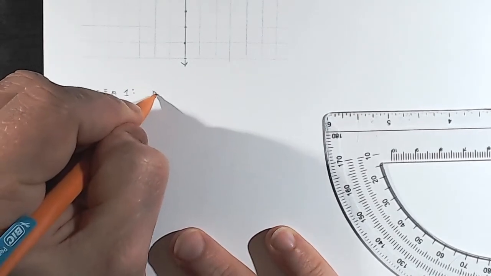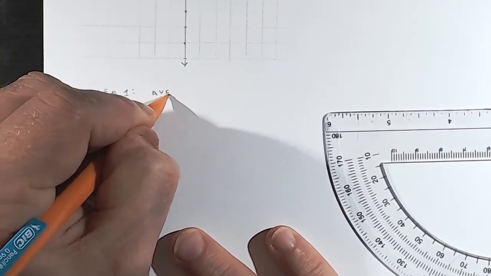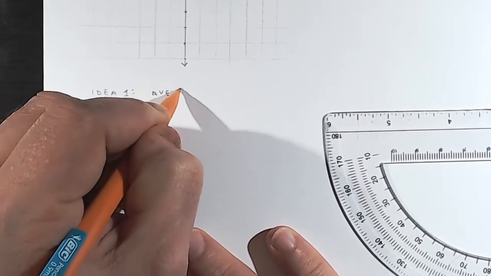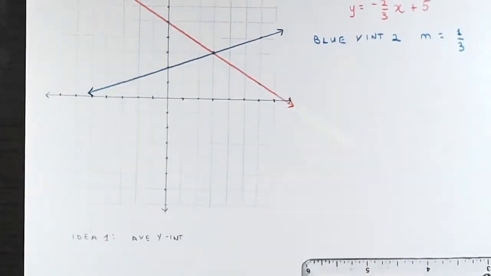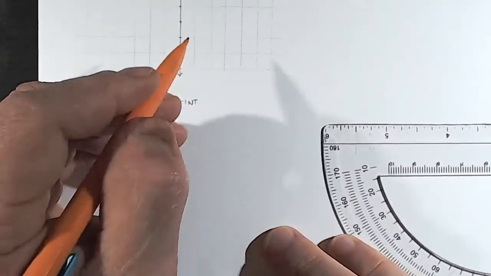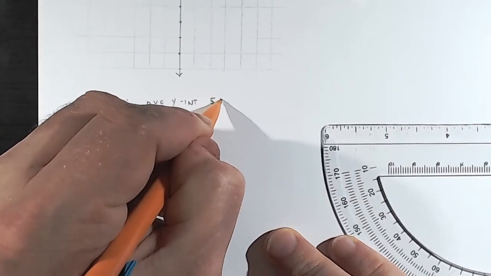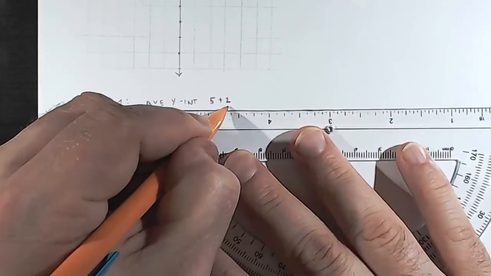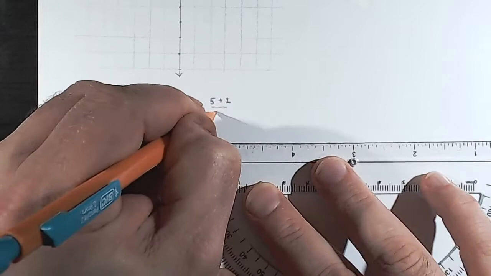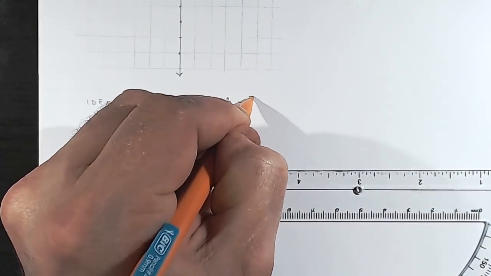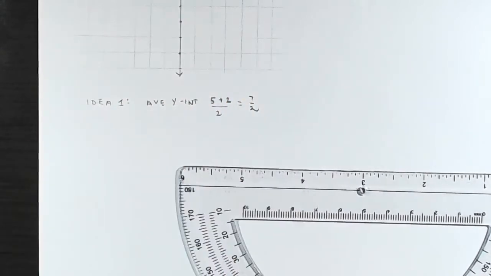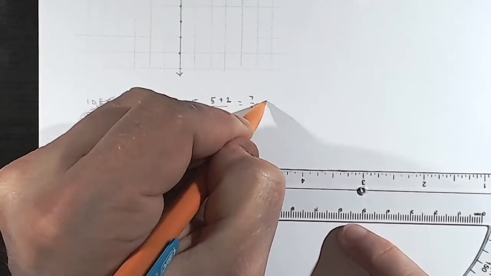So the average y-intercept, I have no idea if this will work, would be 5 plus 2 over 2. All right, well, 5 plus 2 is 7, so 7 over 2. 2 goes into 7 3 times, with 1 as a remainder, so that would be 3.5.